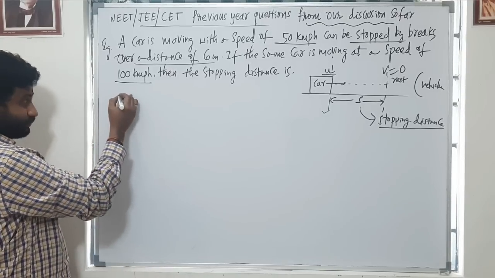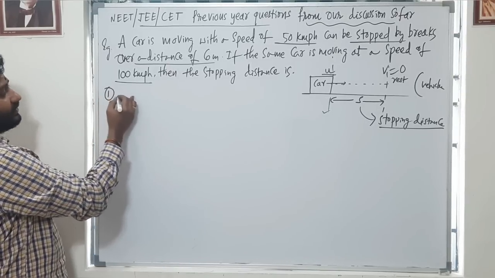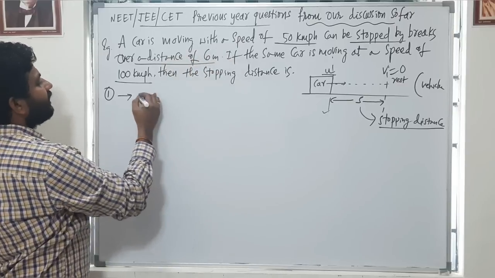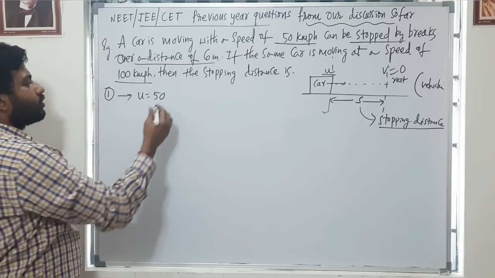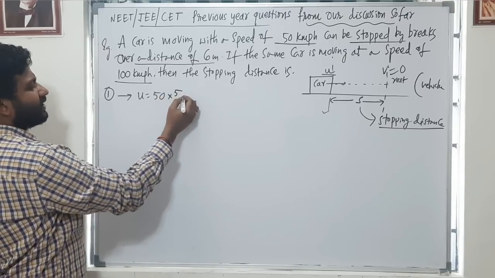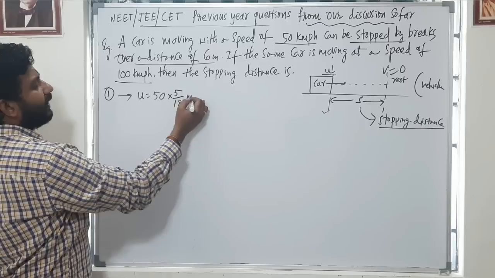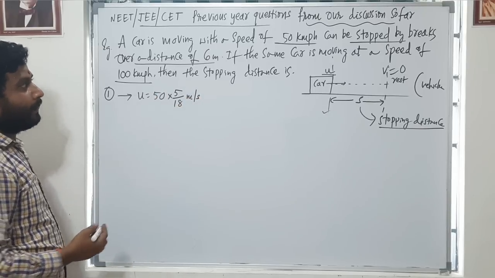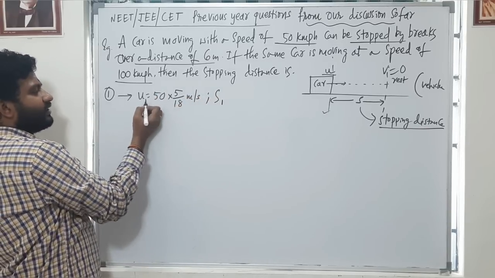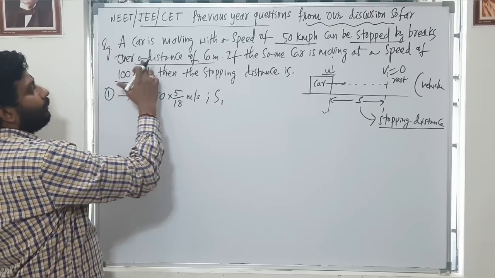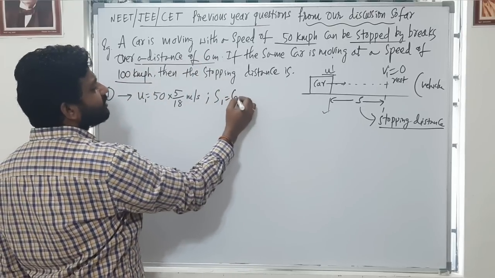First case: what happened? The initial velocity of the car is how much? 50 kilometers per hour, which I can write in meters per second as 50 into 5 by 18 meters per second. This is U1, and the stopping distance in the first case is 6 meters.